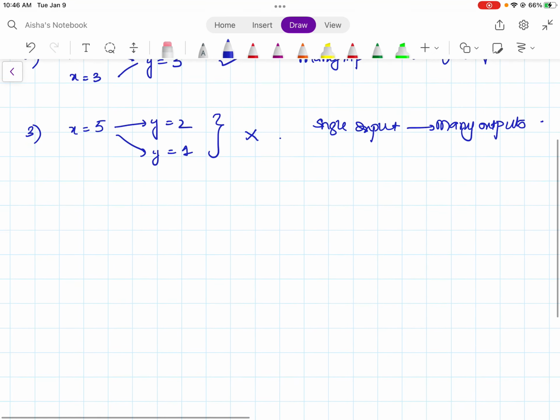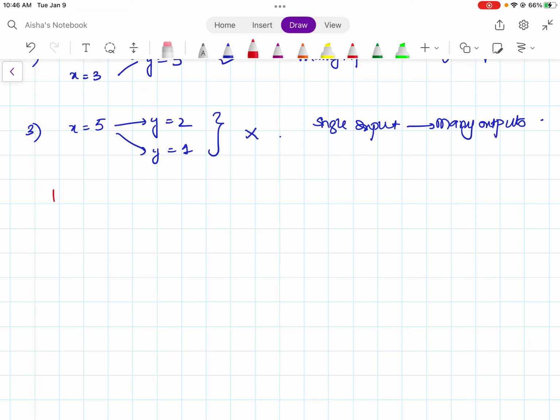Okay? Now, what is domain and what is range? That's also important. Domain are the values of x you are interested in.